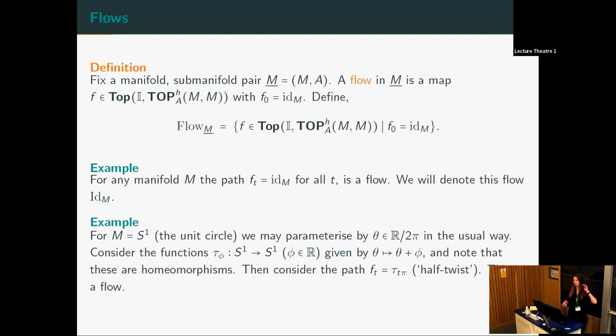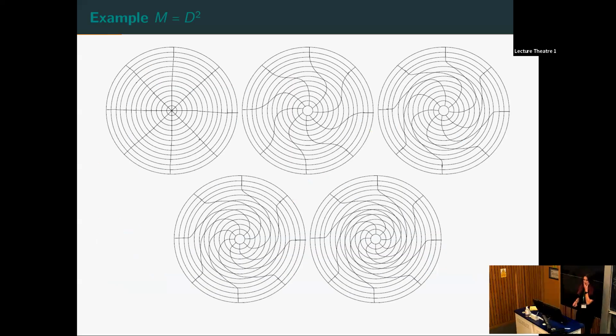We could think of the unit circle, and we can parameterize this as usual with an angle between 0 and 2 pi. Then we have a homeomorphism for every phi which rotates the circle by phi. And then we can think of a flow which gradually rotates the circle by pi.